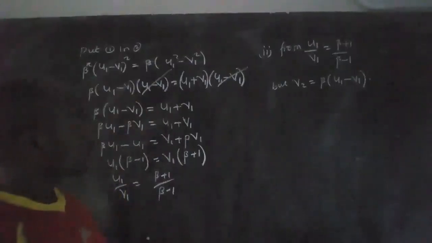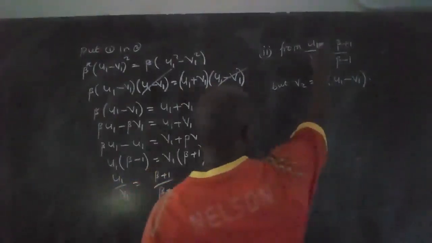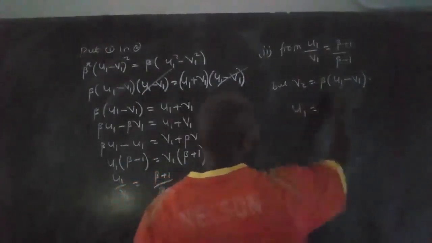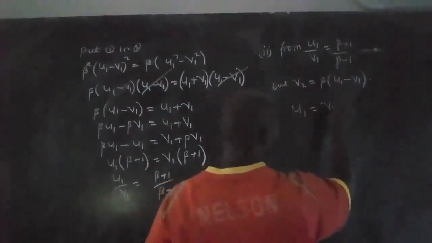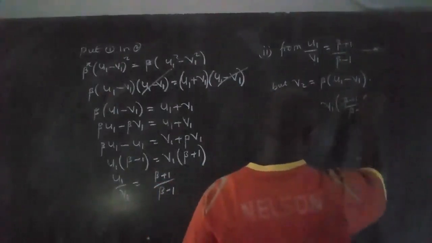Okay? So we want to eliminate u1. So it means that here, our u1 will become, from star, this is star, our u1 becomes v1 into beta plus 1 over beta minus 1.